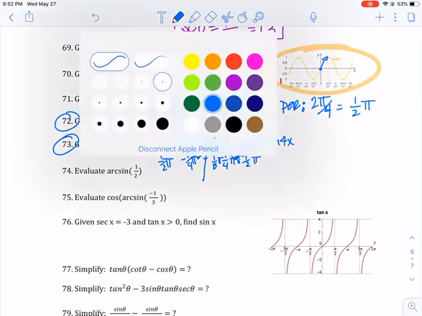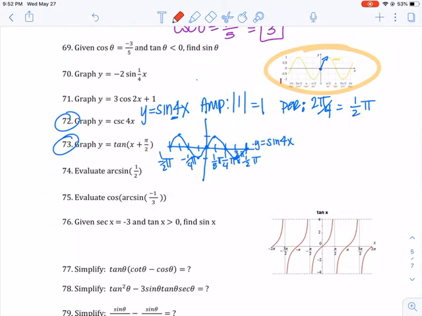So what you're going to do is go ahead and draw in the asymptotes everywhere we cross the x-axis. Okay, and then you're going to add our cosecant graph, which is just little parabolas that go at every minimum and every maximum.